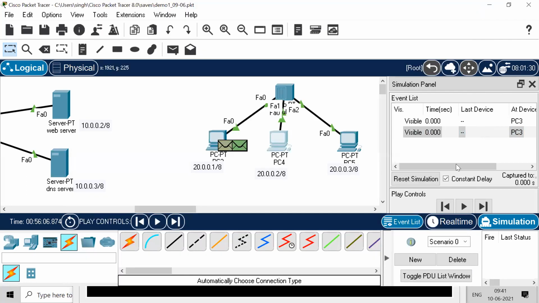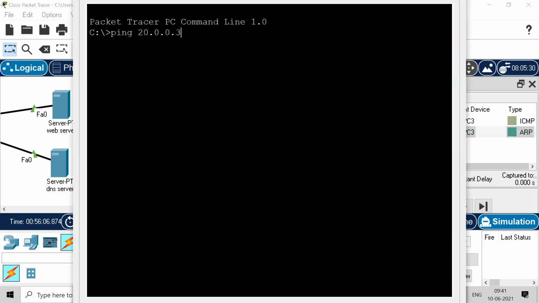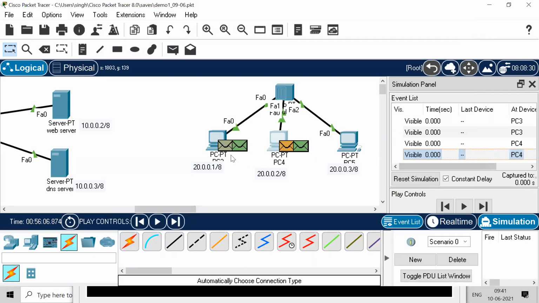I hit enter. You can see that PC3 and PC4 both have entered it. Both have started the process, and they both want to communicate with PC5.